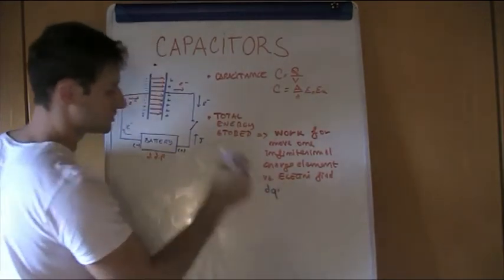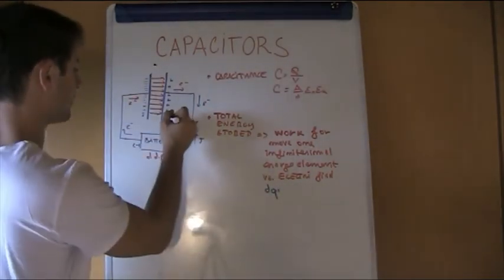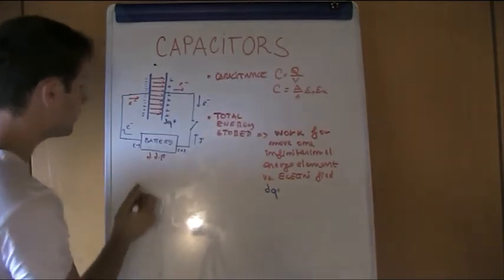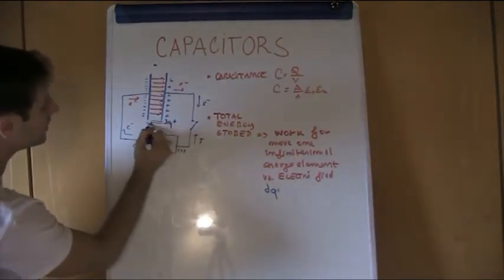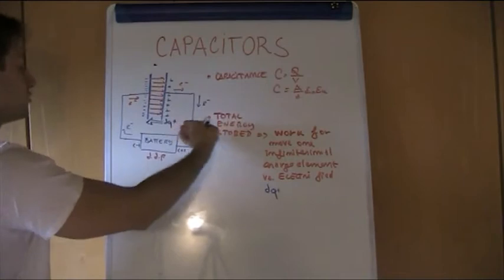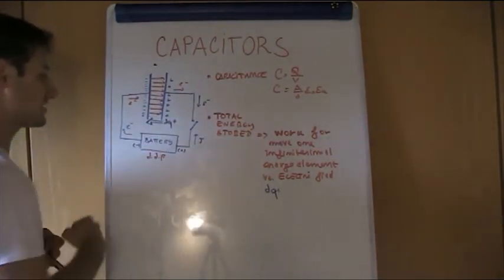So if we imagine taking an infinitesimal dq, plus charge, an infinitesimal positive charge element, we want to push this charge from the positive plate to the negative one, fighting the electric field.